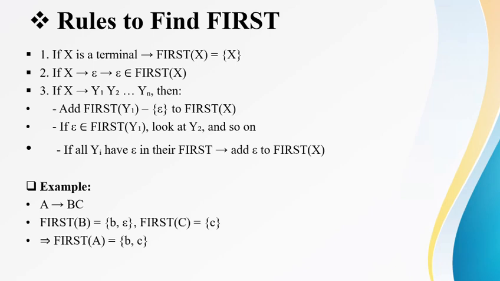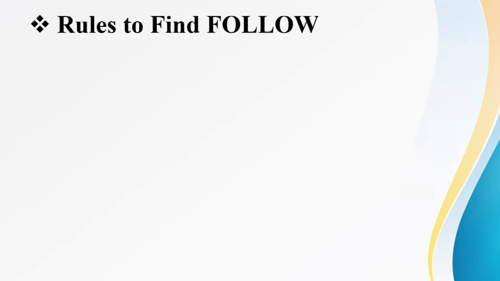For a sequence like A gives BC, we can add First of B, and if B can be epsilon, we check C, and so on. Here is a quick example. If First of B equals b and epsilon, and First of C equals c, then First of A includes both b and c.